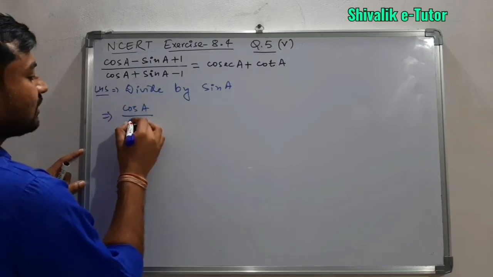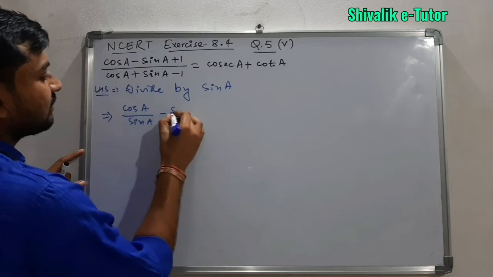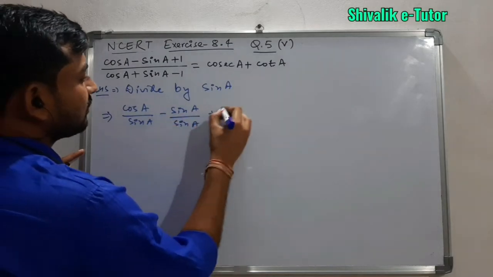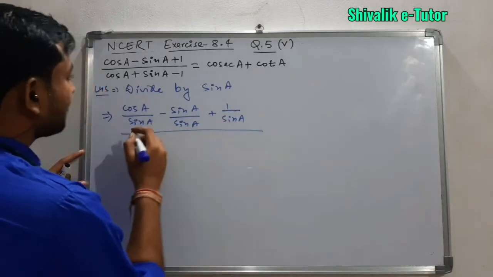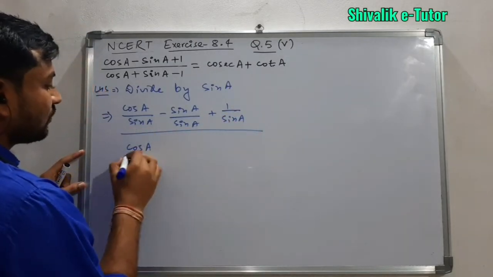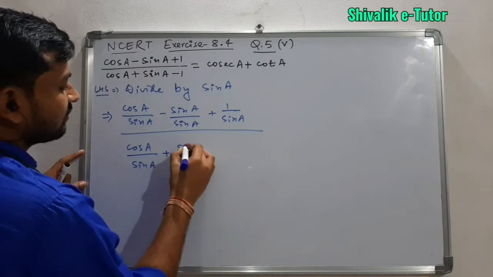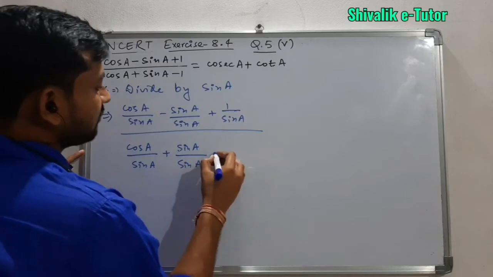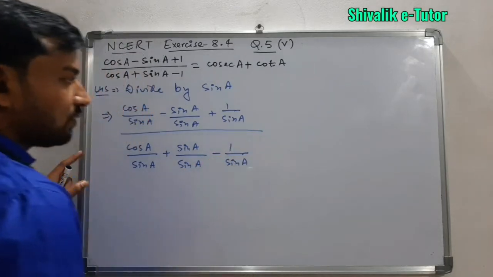So cos A upon sin A minus sin A upon sin A and 1 upon sin A. This is the numerator. Similarly, we can write the denominator cos A upon sin A plus sin A upon sin A minus 1 upon sin A. This is what we are getting.